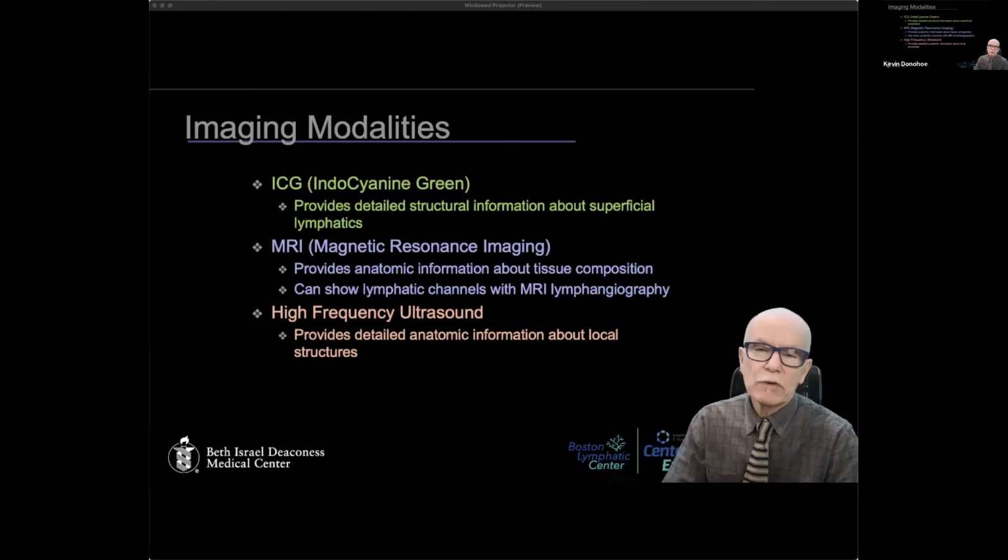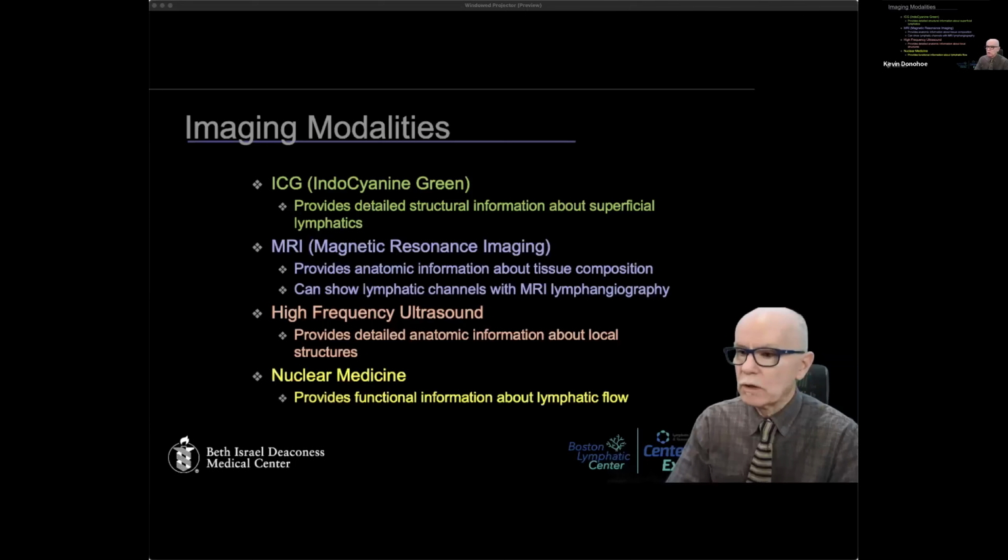And then there's high frequency ultrasound. We use that a little bit for pre-surgical evaluation of patients. Drew is going to take them to the OR and wants to hook up a lymphatic channel with a vein. You can use high frequency ultrasound to find tiny little lymphatic channels and find them adjacent to veins so that he knows what he can hook up.